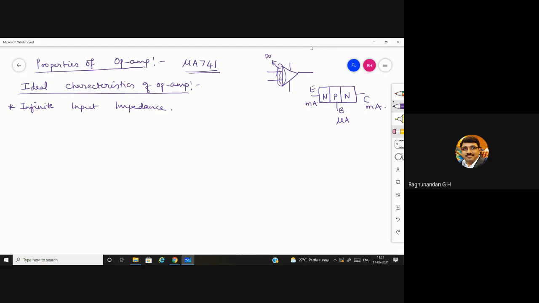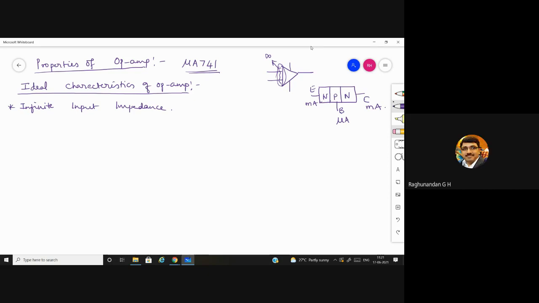Among these three, where is there high resistance? Base. Yes, correct. Why might it be? The amount of current in the base is less compared to the other two. Yes, it is in microamperes.